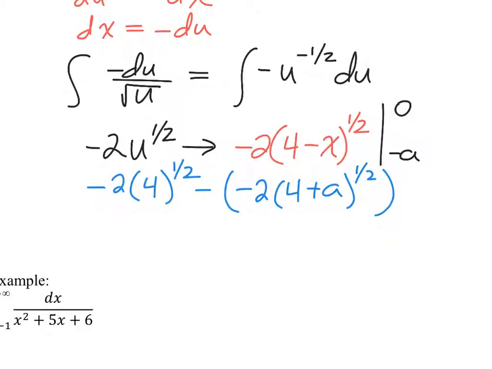Just doing a little housekeeping here. So negative 2 times 2, because 4 to the 1/2 is 2. So negative 4 plus 2 times 4 plus a to the 1/2 power. All right, so that's the result of the integral.